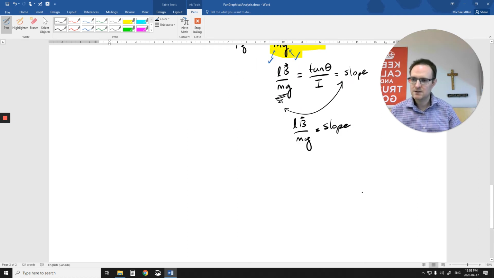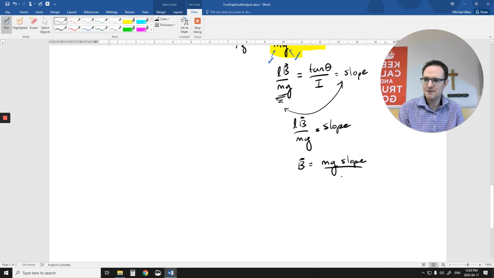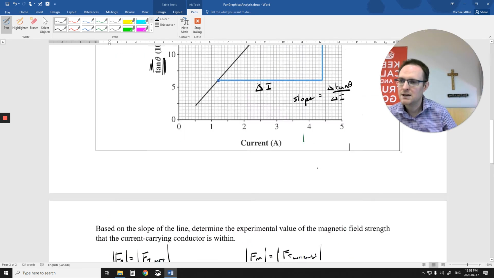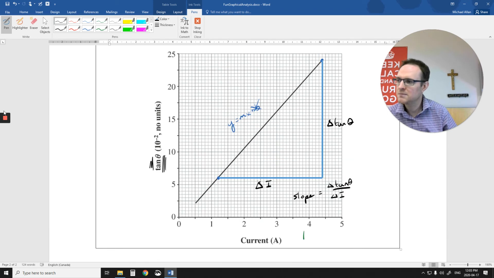So I'm just going to rearrange this slightly here to get my B, because that's what we're looking for. Mass times gravity times my slope, all divided by my length of my wire. So I'm just going to find the slope, and I can calculate my magnetic field strength. So I'm just going to pause the video here, and I'll come back with my slope.